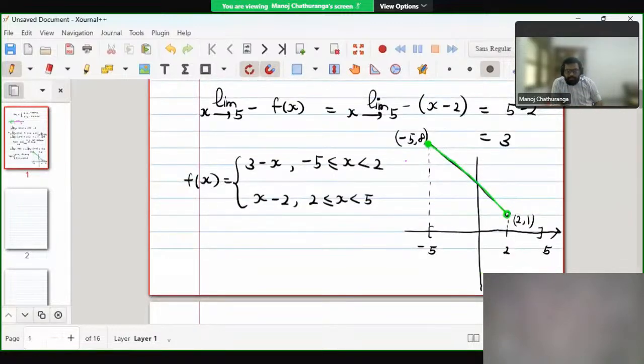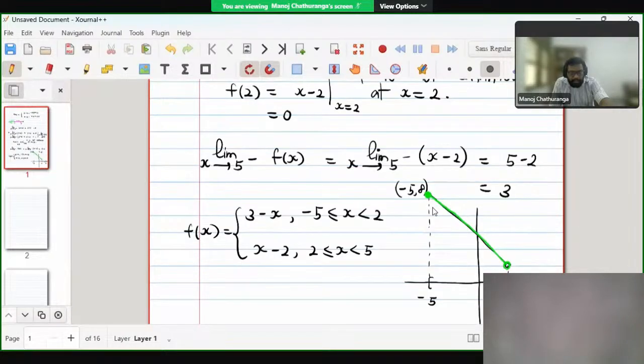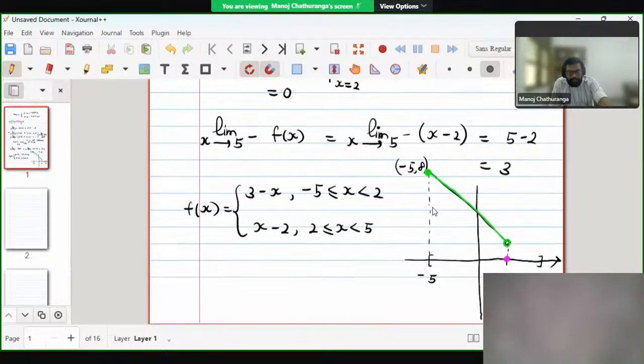So the function would start here. So now let me erase this. And at 5, the left limit at 5 is 3.